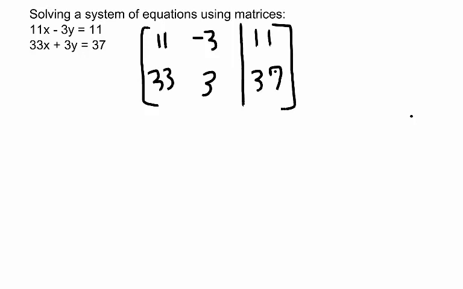For our first row operation, let's multiply row 1 by the fraction 1 over 11. In other words, 1/11 times row 1, and we're going to store that in row 1.